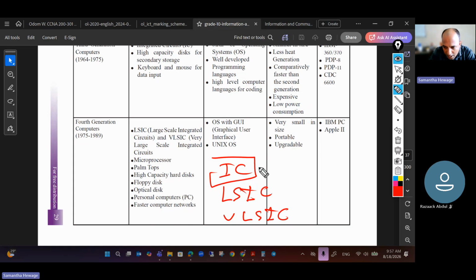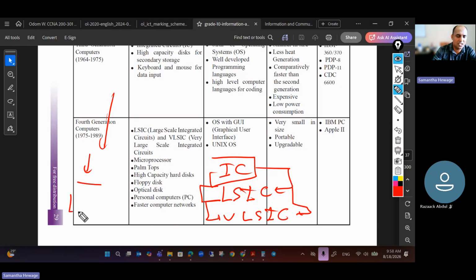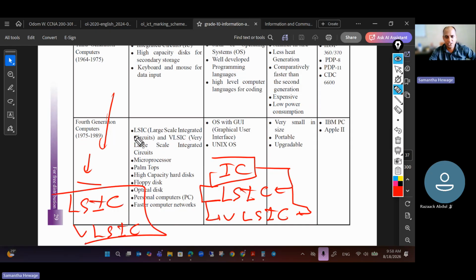The integrated circuit evolved through time. We know it was first introduced in the third generation computers. But Puti, it kept evolving in the fourth generation computers, and they stepped up two steps. One step is they introduced the large scale integrated circuit, and then they came up with the very large scale integrated circuit.